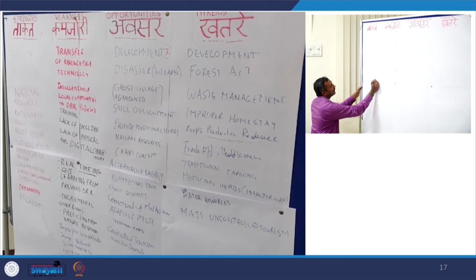How can we promote medicinal herbs and natural resources, and similarly alternative energy, like we talked about the garages, and how can we rediscover these things and make them active so that they are less dependent on the energy process. But of course, one has to look at it: if something is getting ready-made for you, why do they go far away to get it done? So there are always deliberations on that.